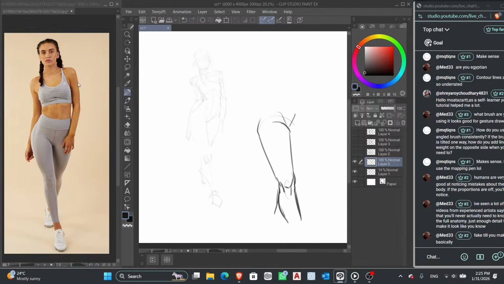When I go for the neck, I don't even know much about the neck. But what I do know is that when I attach the neck here, I need those two tendons. I know from the profile view that these are tendons from the back of the ears going to the sternum.